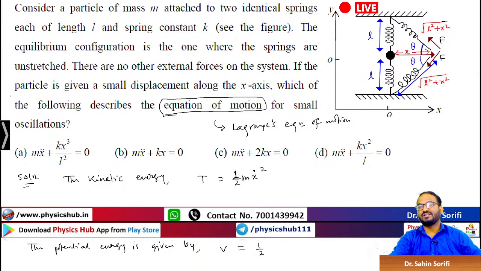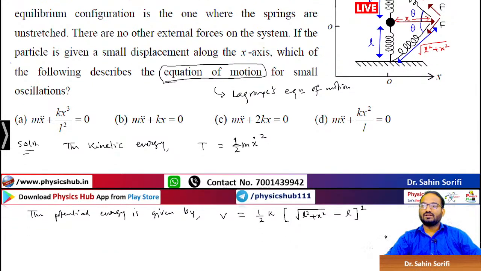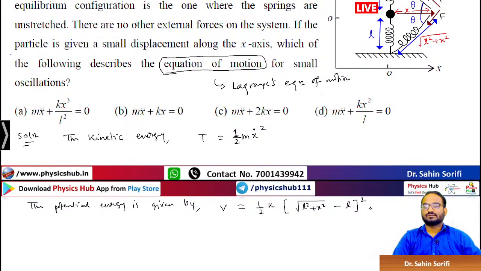So what is the change in length of the spring? So half k, if I talk about the first spring, change in length is root over L square plus x square, this is the elongated length, minus the natural length, if I take a square. So this gives you the potential energy originated from the first spring. Now for the down spring, the second spring, we have to write it in this way. Half k, spring constants are the same, change in length here is also the same because the configuration is symmetric.